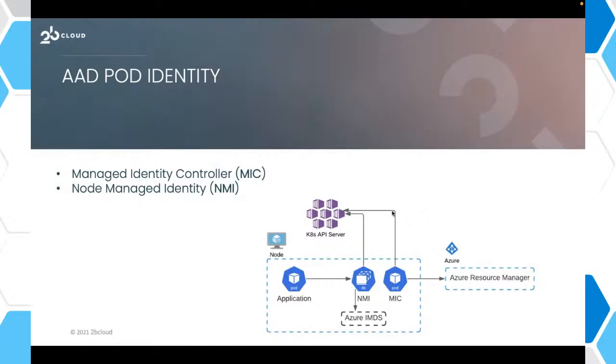As you can see in the diagram, this is the Azure IMDS, and it redirects them to itself and validates if the pod has access to the identity it's requesting a token for, and fetches the token from the Azure Active Directory tenant on behalf of the application. So that is the flow only of the AAD pod identity.